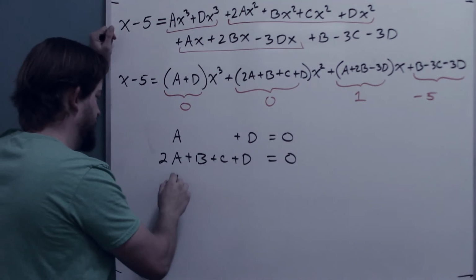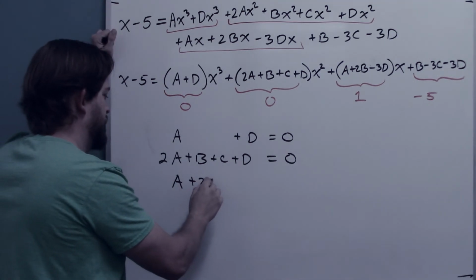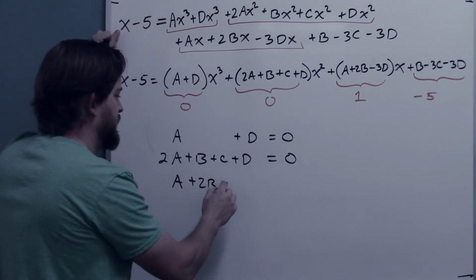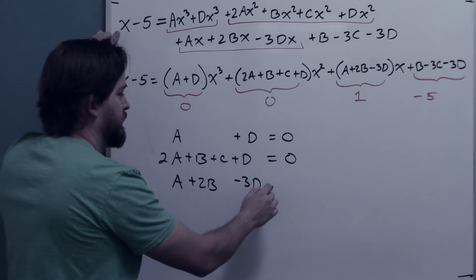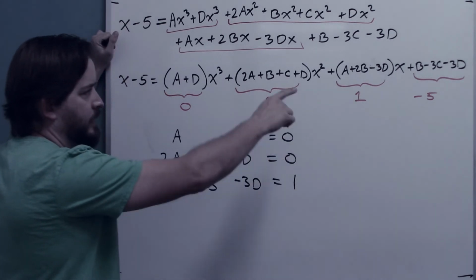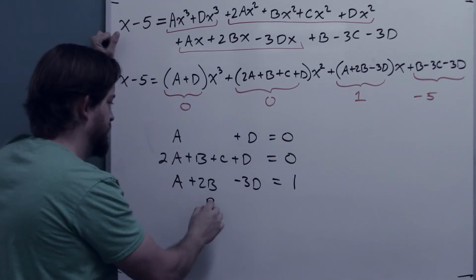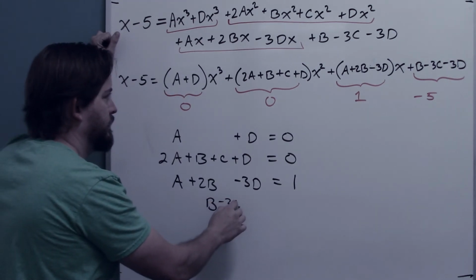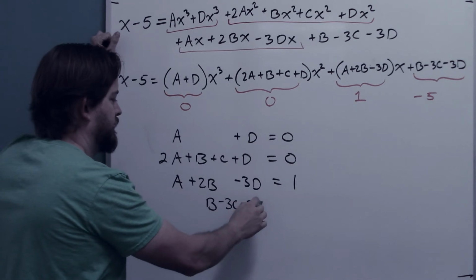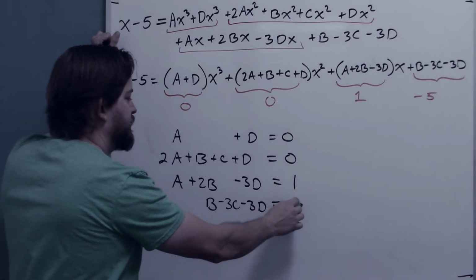A plus 2b minus 3d is equal to 1. And then b minus 3c minus 3d is equal to negative 5.